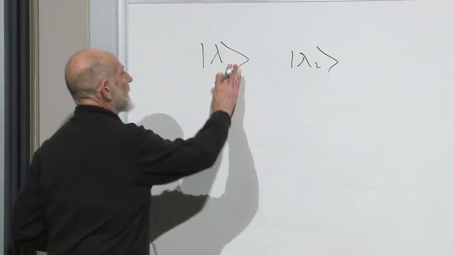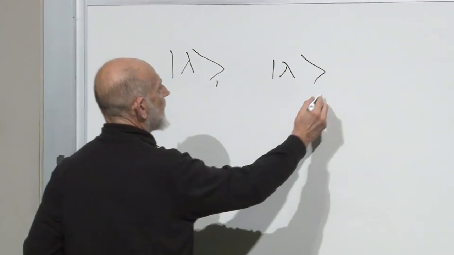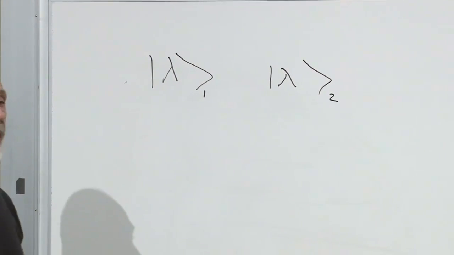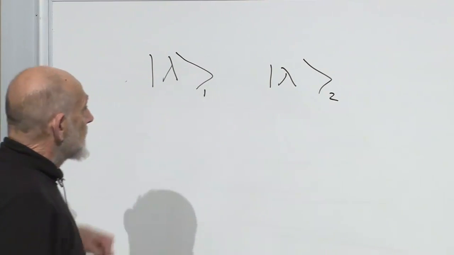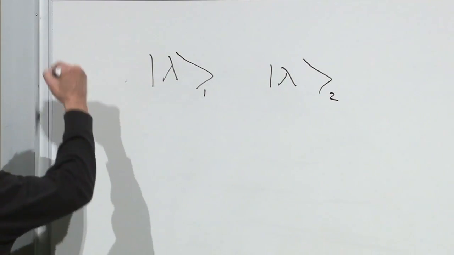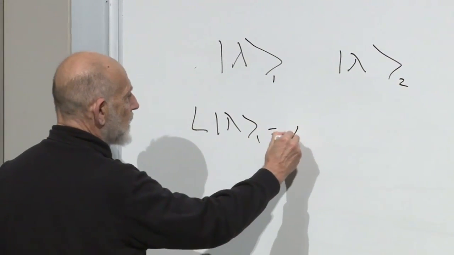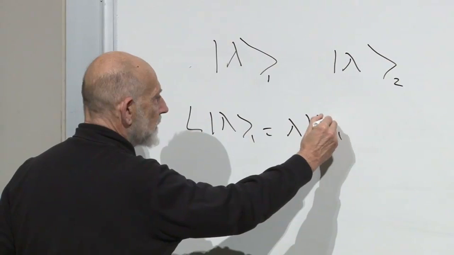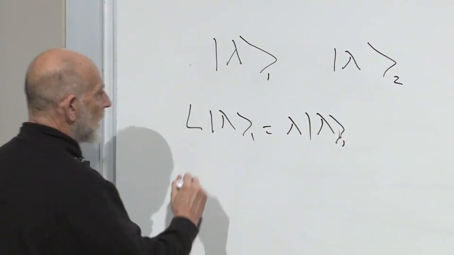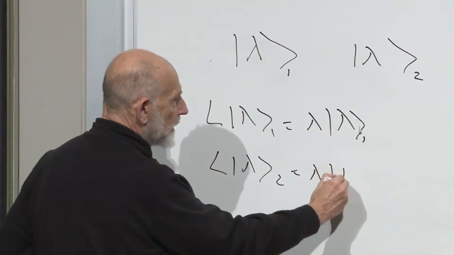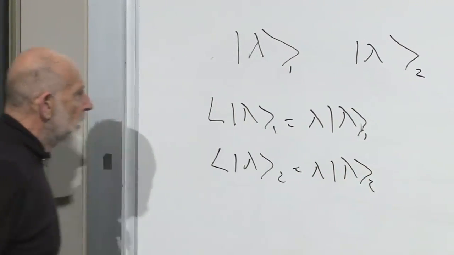Two different eigenvectors, both exhibiting the same eigenvalue. Then what that means is that L on lambda 1 equals lambda times lambda 1, and L on lambda 2 equals lambda times lambda 2.